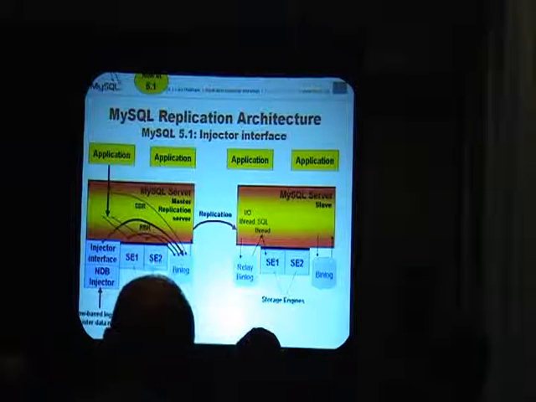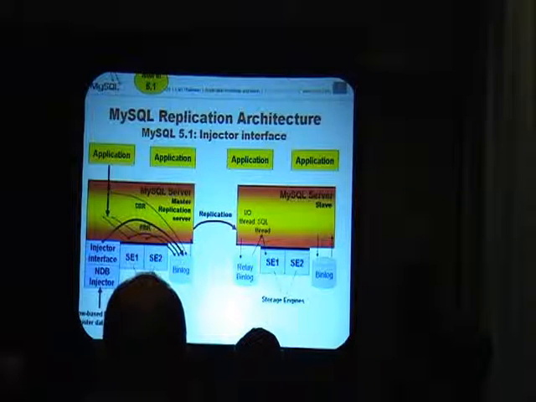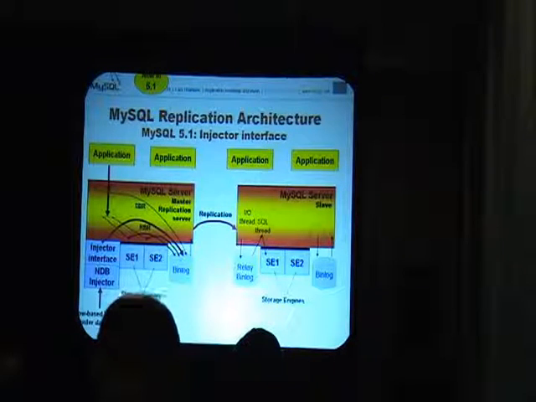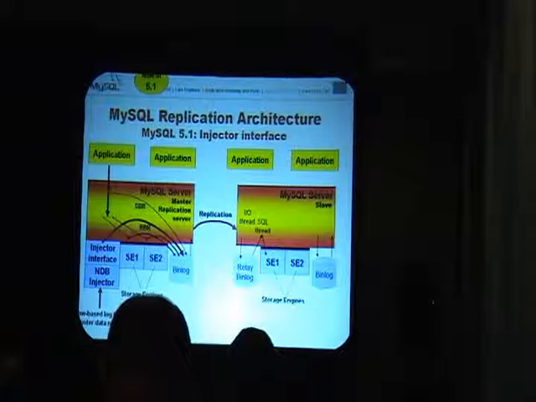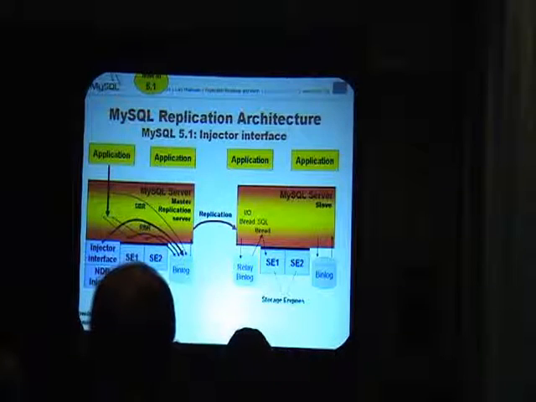So in 5.1, we also have an injector interface, and this is used for cluster replication. So you go from one cluster to another using this asynchronous replication.